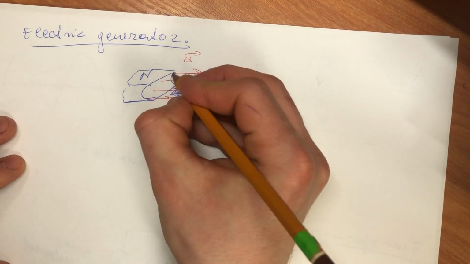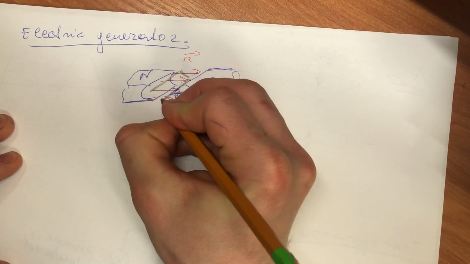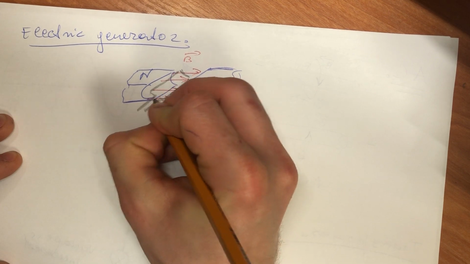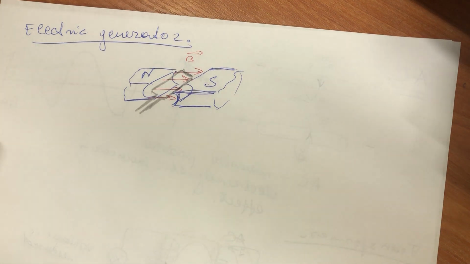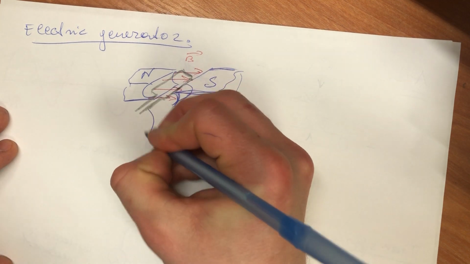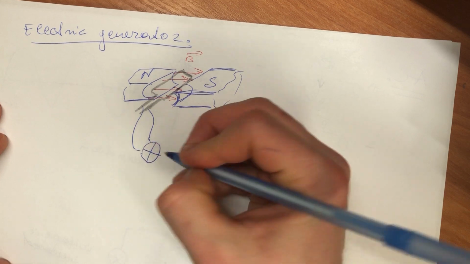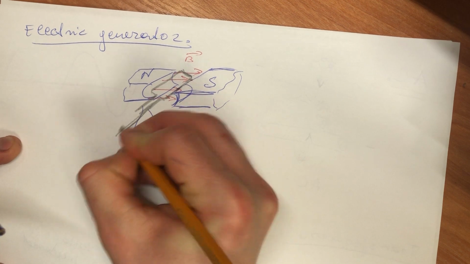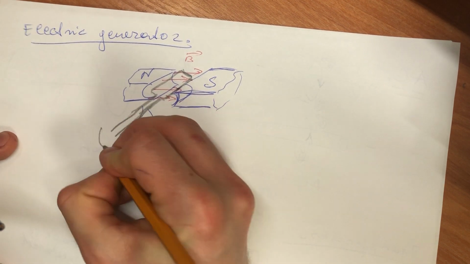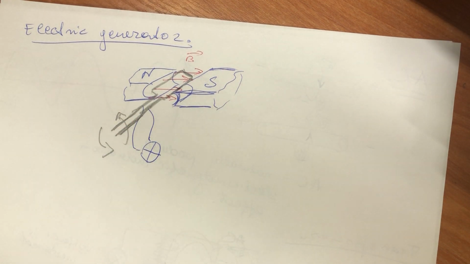and again there would be a loop of wire here, and when this rectangular loop of wire is connected to some kind of light bulb, imagine. And if we were turning this loop of wire, then what would happen?